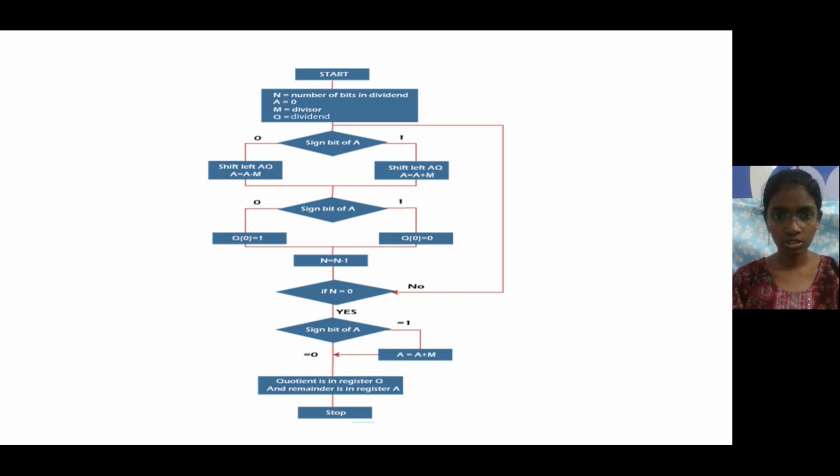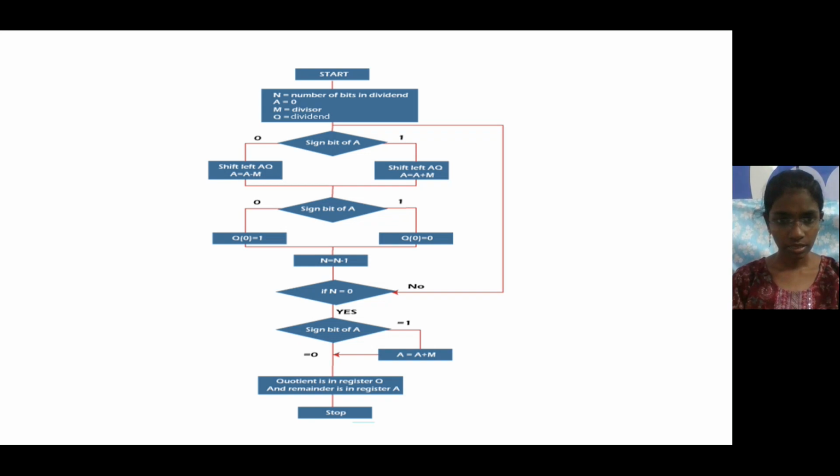If it is 1, you need to do Q of 0 equal to 0. After completing this step, you need to do n minus 1. And if n is equal to 0, then if sign bit of A is minus 1, you need to do A plus M.